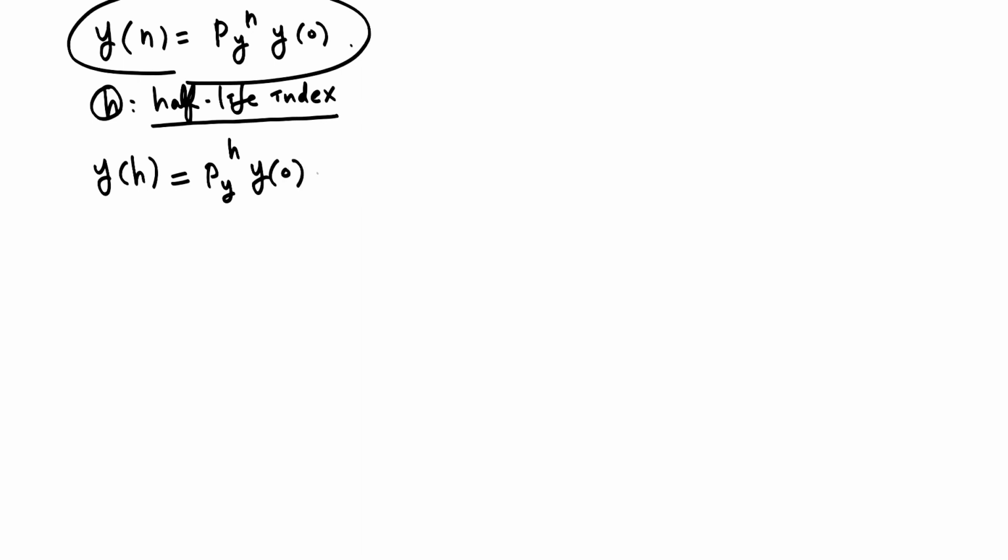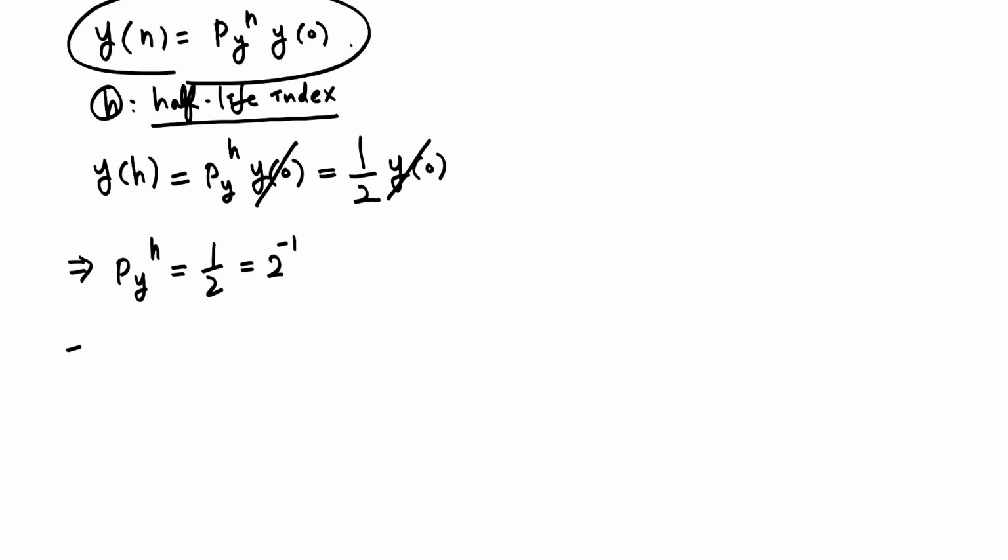And we say that value is actually equal to 1/2 of initial Y value. Y of 0 cancels out. So we have Py to the power of h is equal to 1/2, which is 2 to the power of -1.